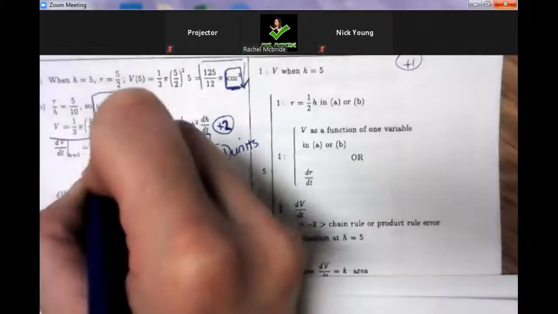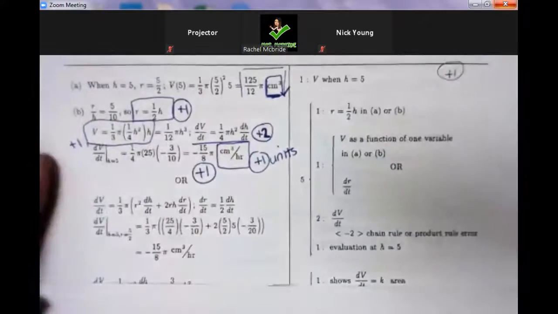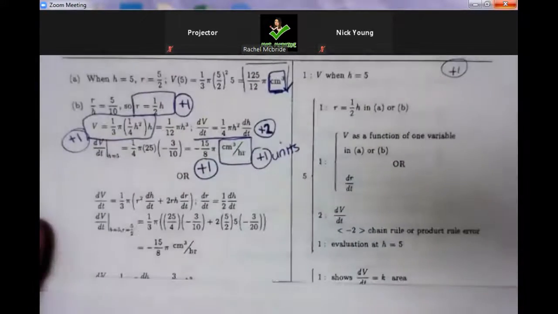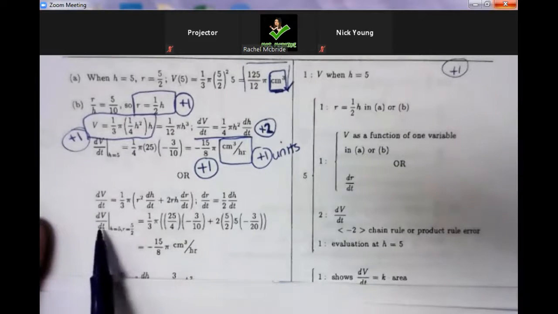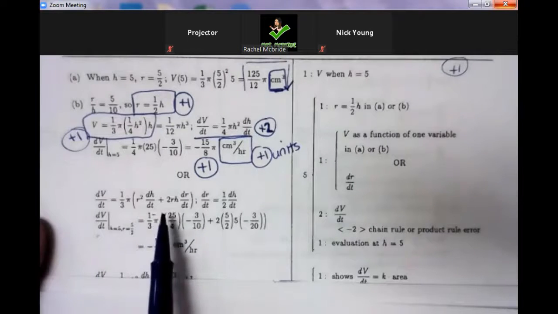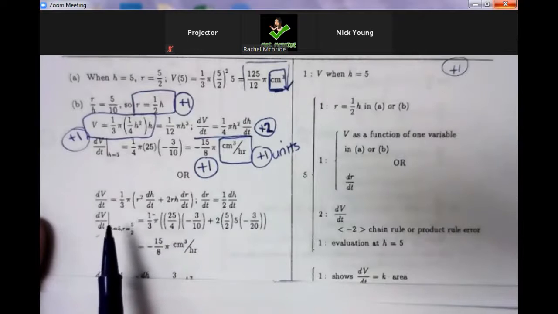And they also gave 1 point for writing the substitution prior to deriving. Did any of you actually try to do dV/dt this way, using the product rule and leaving r in? Did anybody do dV/dt with r in?